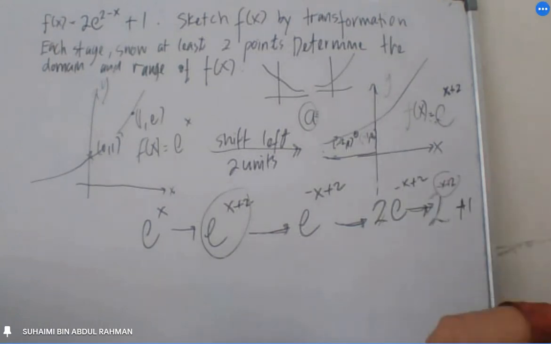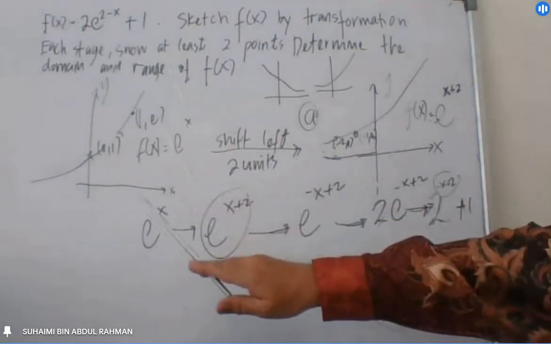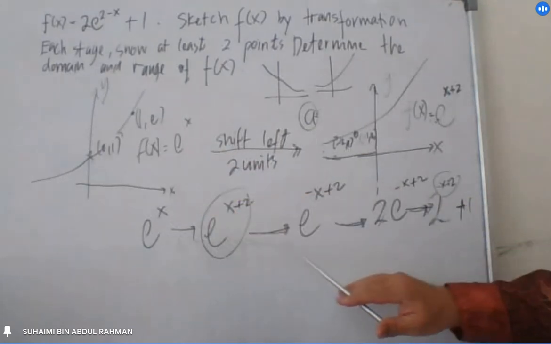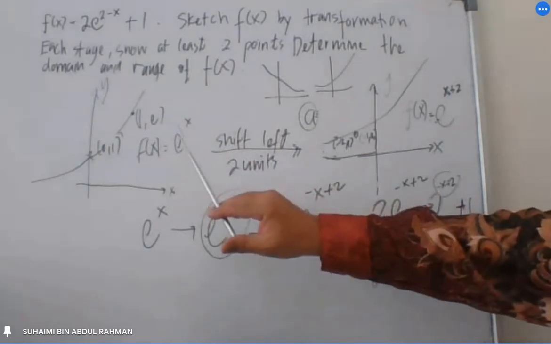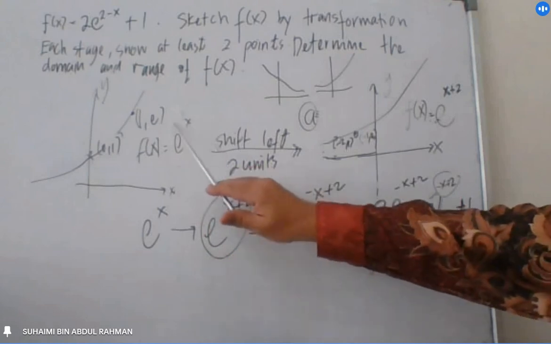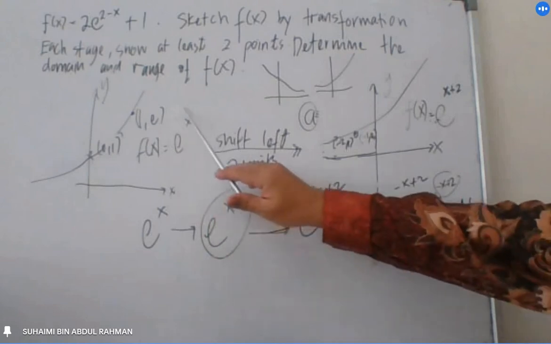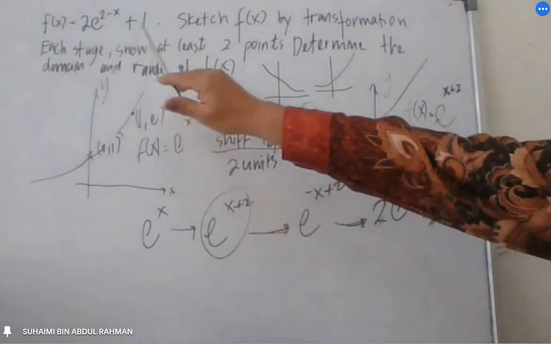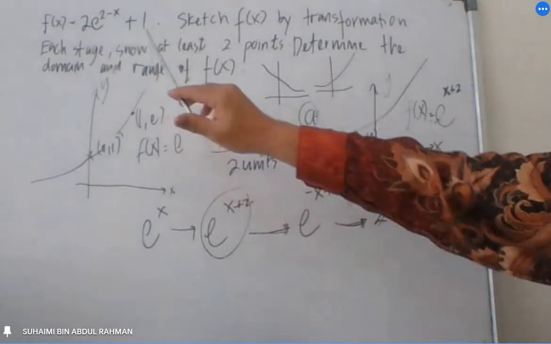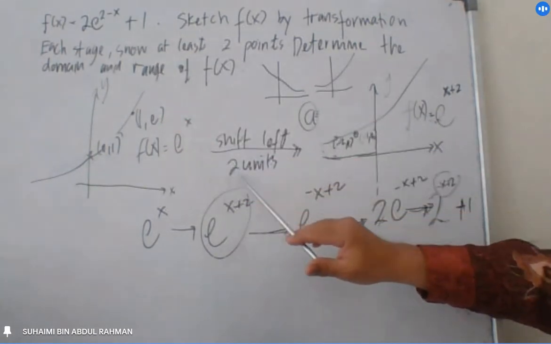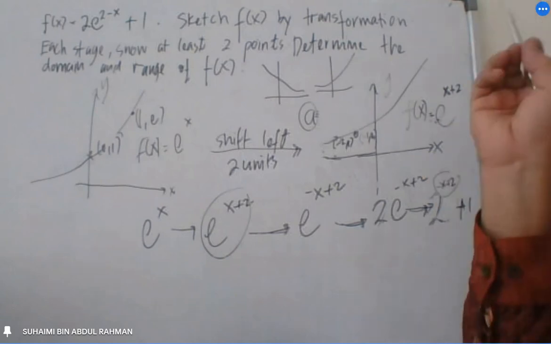So we go for the transformation. Now we have to go through each stage, and if we look at the stage before, it looks different, definitely, because it goes one by one.